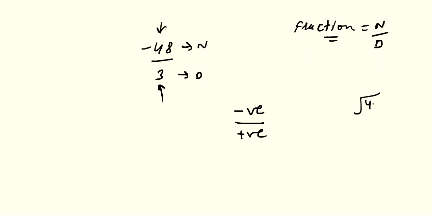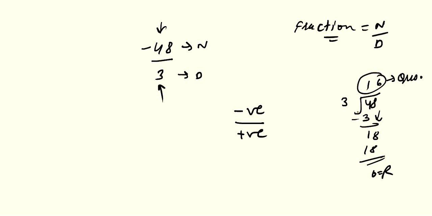So the division process is same. You are supposed to divide: 3 ones are 3, then subtract, this 1 remaining, then bring this 8 down. Now 3 sixes are 18. So you are getting remainder 0 and your quotient is 16. So your quotient is 16, but as you can see, you are having negative number here. Okay, so you have to write minus 16. So your answer is minus 16.